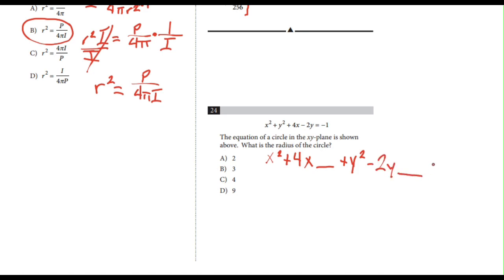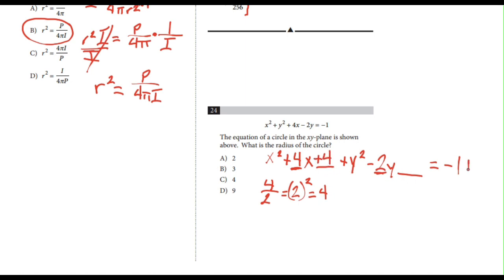We're going to leave a space, and this is going to equal negative 1. The way we figure out what goes in these spaces is we need to get the middle term for each variable. We're going to divide it by 2. So first we're going to get 4 divided by 2 is 2. And then we're going to square it. This is going to give us 4. And this is what goes on this line, plus 4.